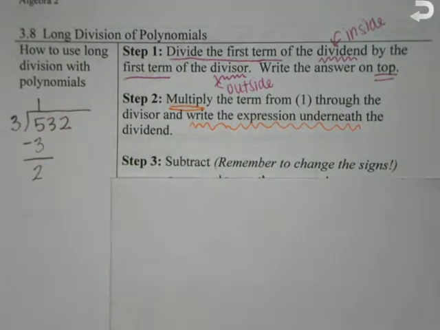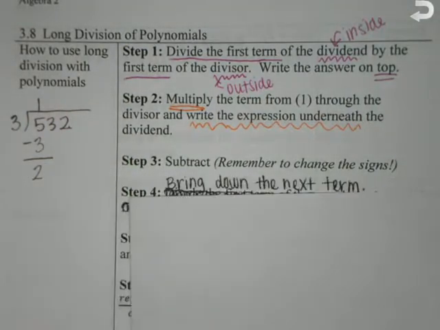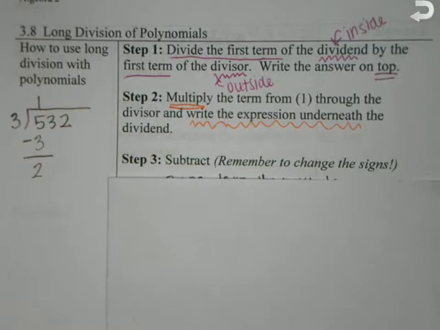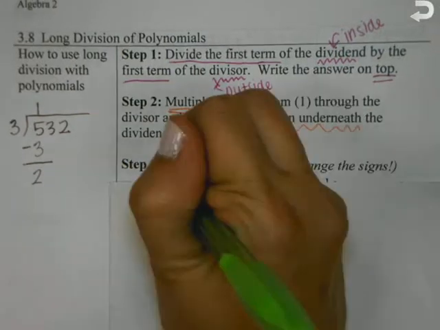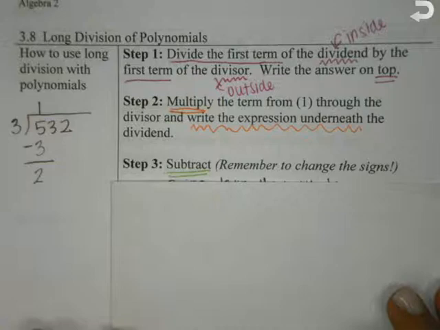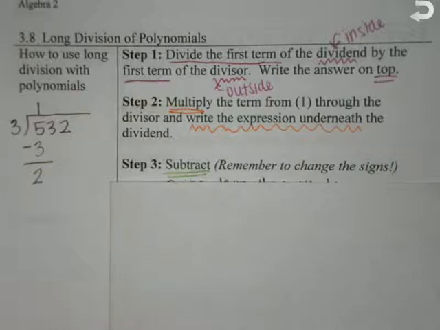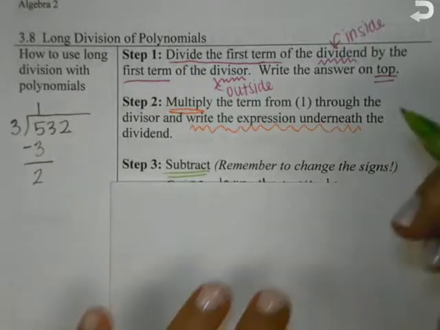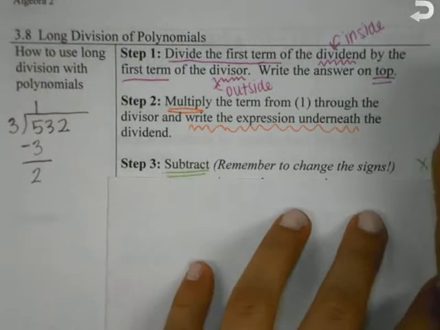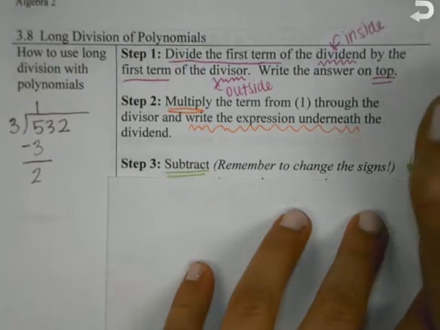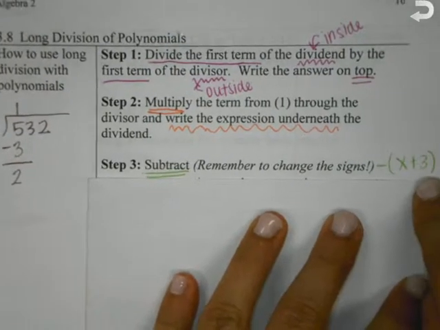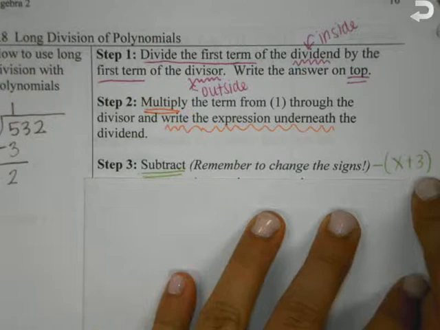Now the thing you have to remember about subtracting, because we are working with polynomials, is that when we subtract something with a parentheses, what happens to everything inside the parentheses? So for example, if I have x plus 3 and I'm subtracting x plus 3, what happens inside the parentheses? We distribute the negative and all the signs change.